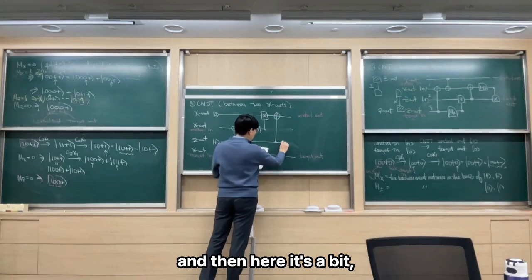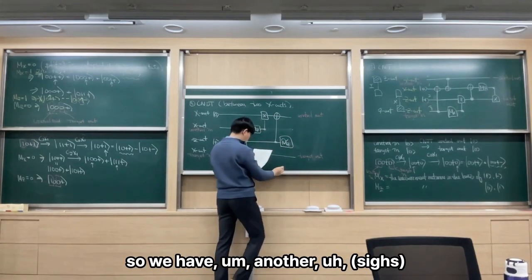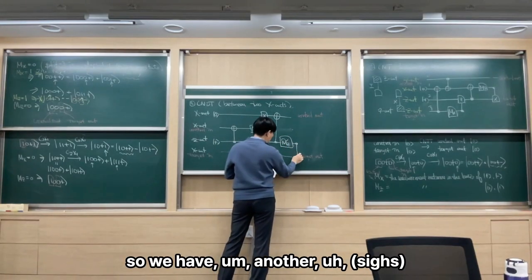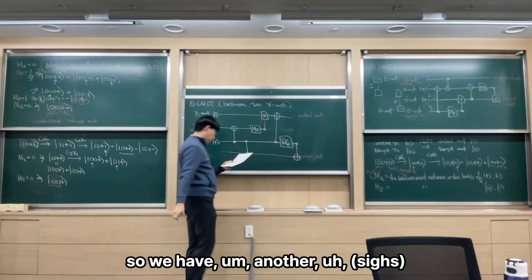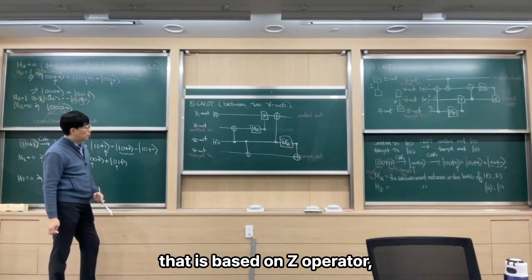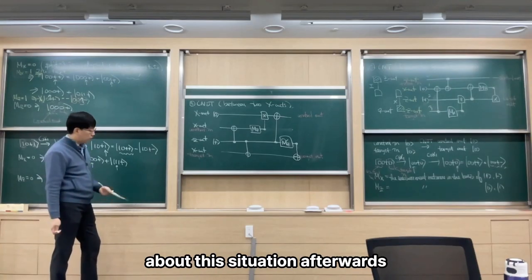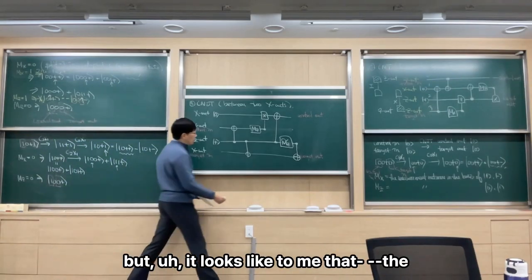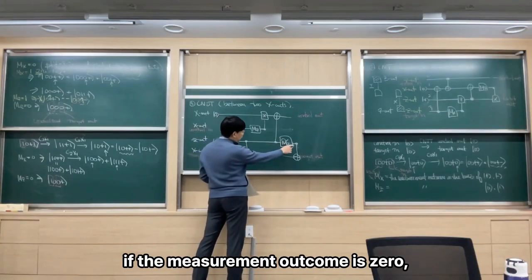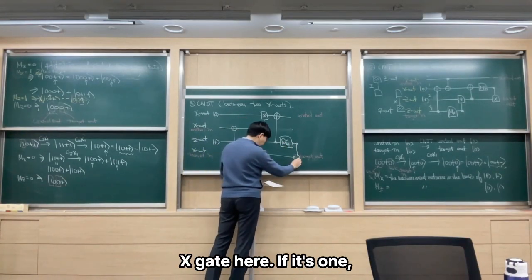And then here, this is what I found. We have another measurement gate that is based on the Z operator. It seems to me the paper doesn't fully explain this situation afterwards, but it looks to me that if the measurement outcome is 0, then you have to apply the X gate here.